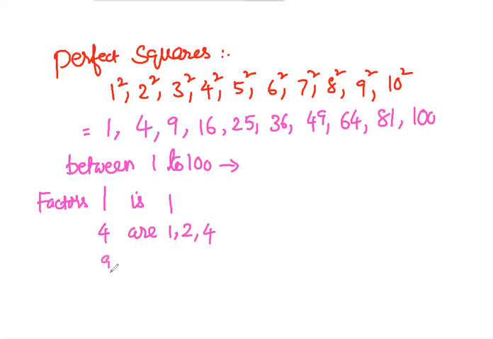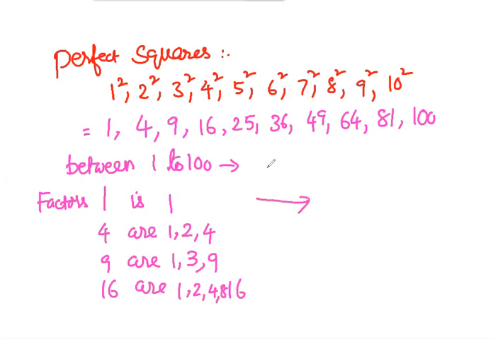Factors of 9 are 1, 3, 9. Factors of 16 are 1, 2, 4, 8, 16. Now find the number of factors for these: here 1 factor, here 3 factors, here 3 factors, here 5 factors.